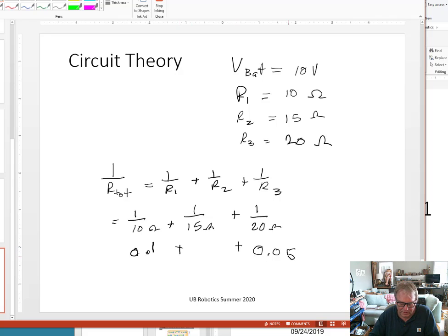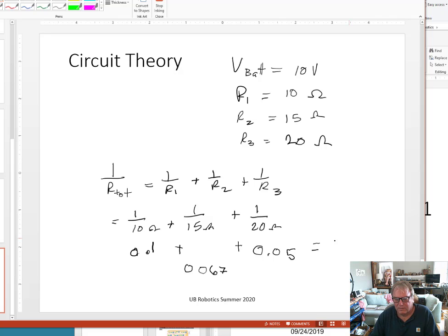0.1 plus, well, that one I'm going to need my calculator, plus 0.05. And let's get the calculator out. And we got 15, 1 over x, which is 0.067, and then we add 0.1, and then we add 0.05.